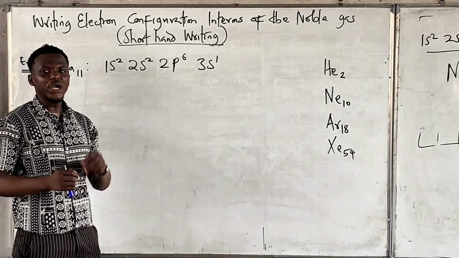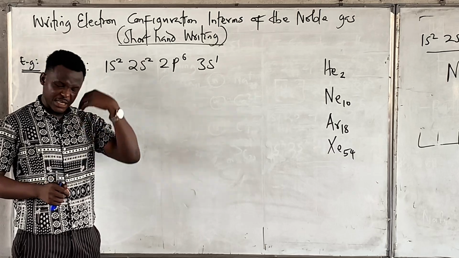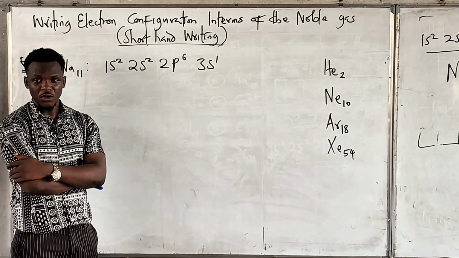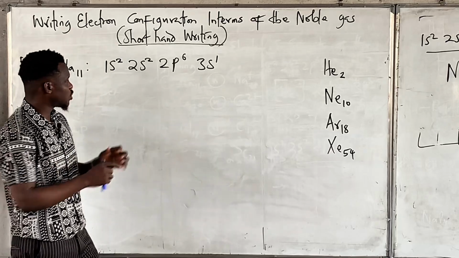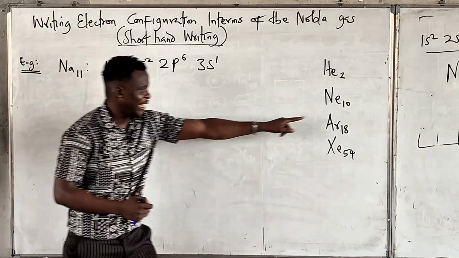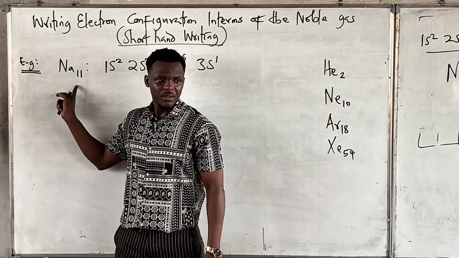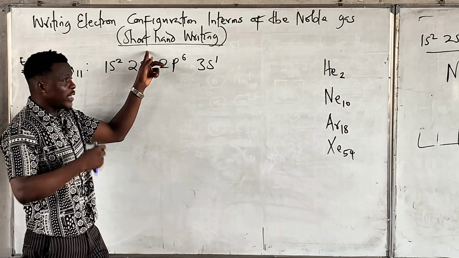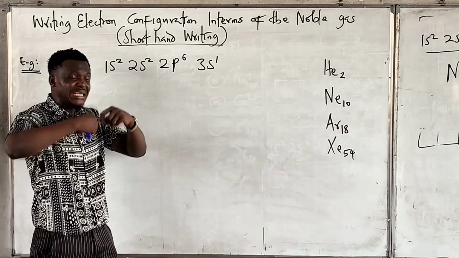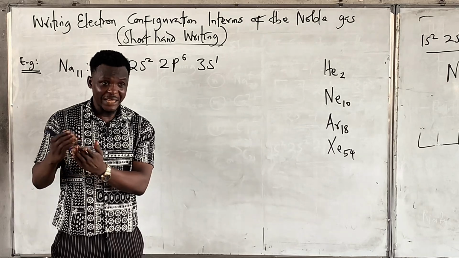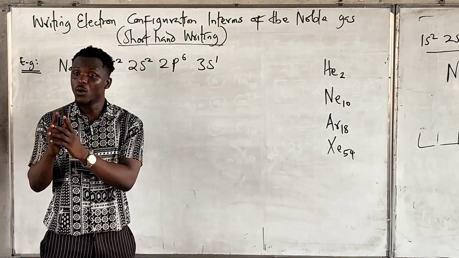Class, which noble gas comes immediately before sodium? Neon. It means that you're going to write this sodium in terms of neon, because neon is 10 and sodium is what? If you're asked to write in terms of noble gas, you're always going to choose the noble gas that is coming immediately before the atom in question. Are you getting me?